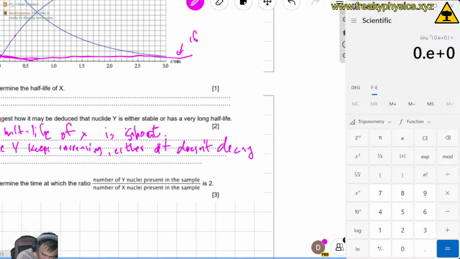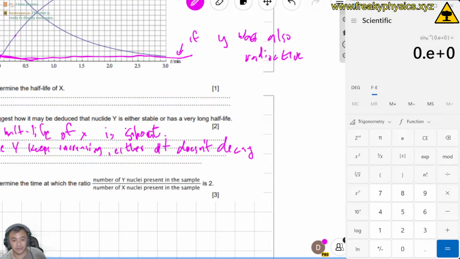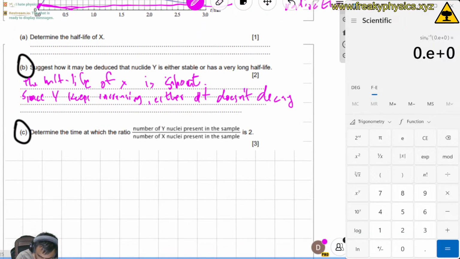This is if Y was also radioactive. So the curve should be almost a straight line. More or less a straight line. Because if it's radioactive, it would decay as it's being produced. And you wouldn't accumulate a lot, right? So either decay or long half-life, right?